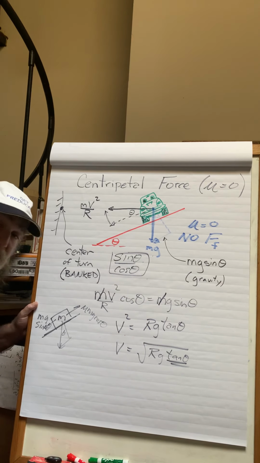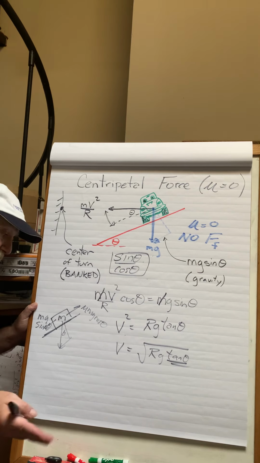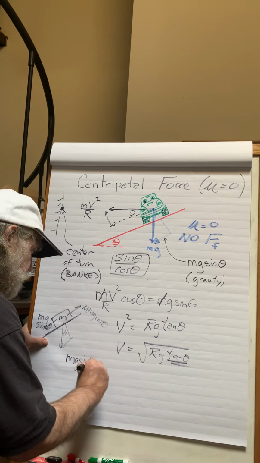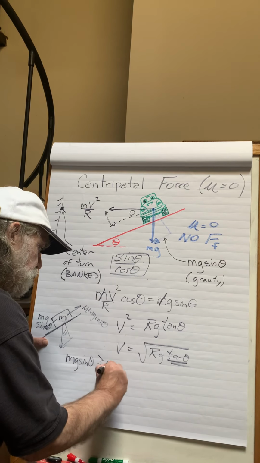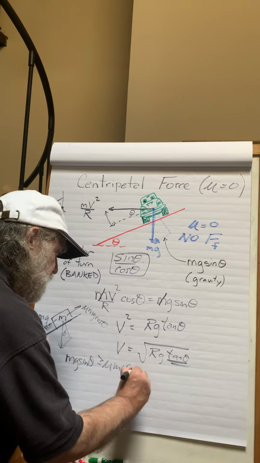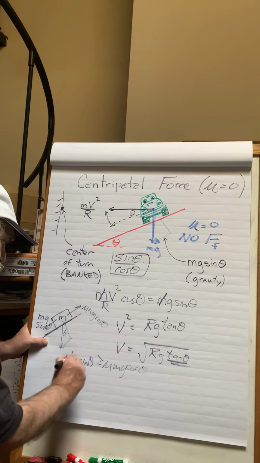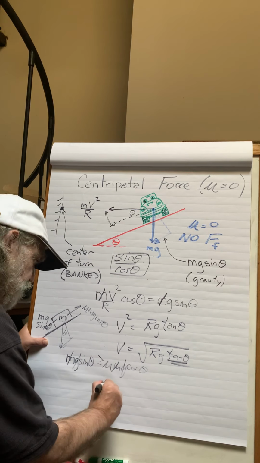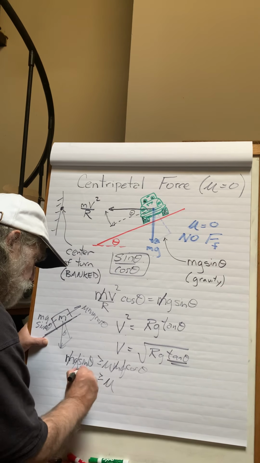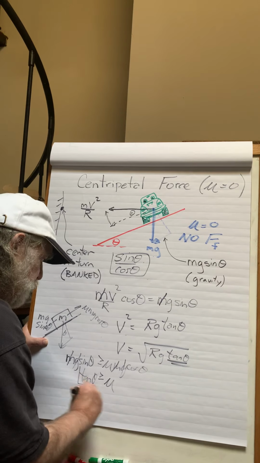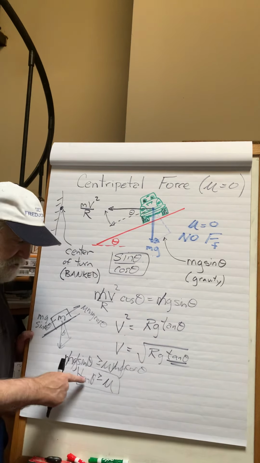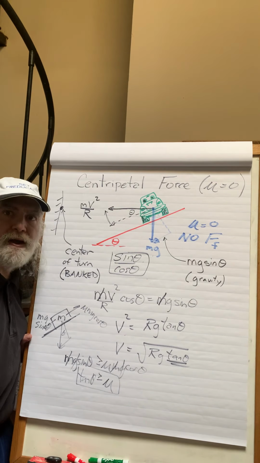And remember we asked a question about whether a box would slide, and we said it will slide if mg sine theta is greater than or equal to mu mg cosine theta. So we whacked those out, and it will slide if mu is less than or equal to the tangent of theta. So it should come as no surprise to you that in some sense tangent of theta and mu are related on an inclined plane.